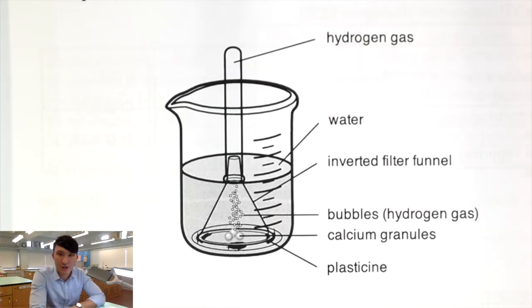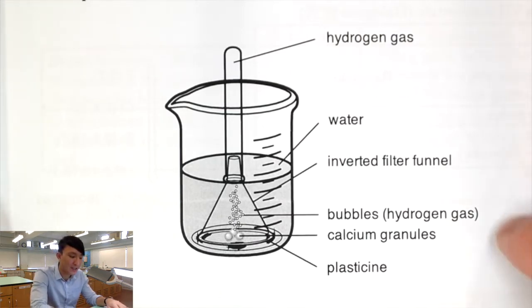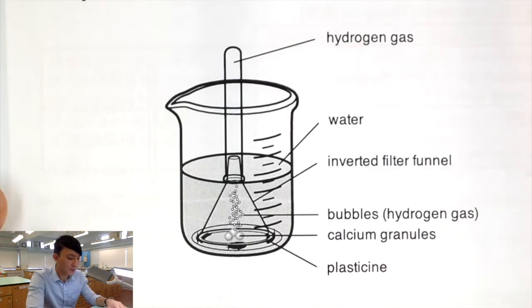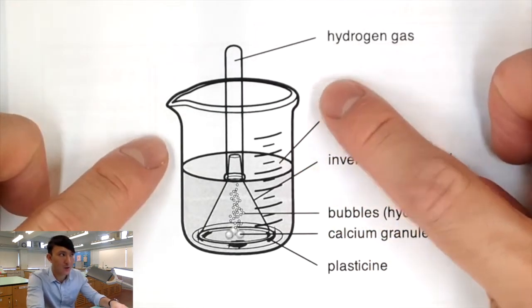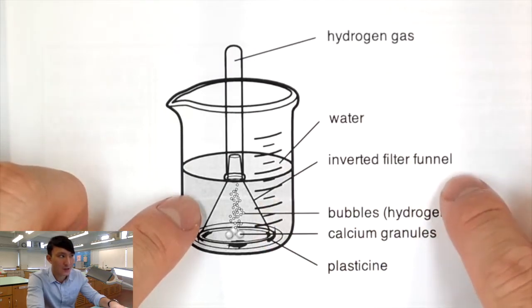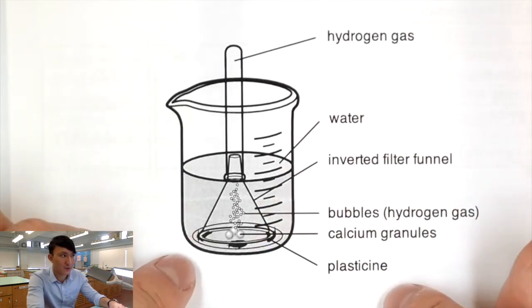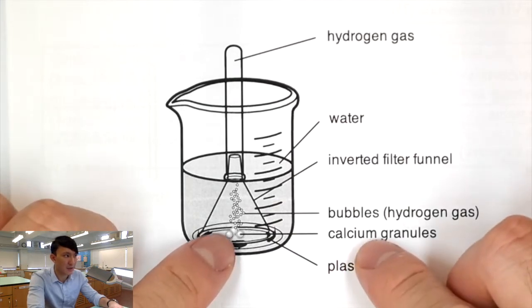Alright, after watching the demonstration, let's go back to our notes, page 41, where we will highlight some key words, key points related to this setting. In this setup, first of all, we see the large beaker, we see the inverted filter funnel that is supported by a few pieces of plasticine. And here we have some calcium granules.